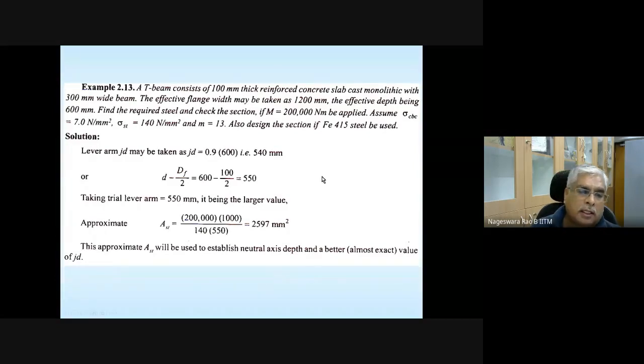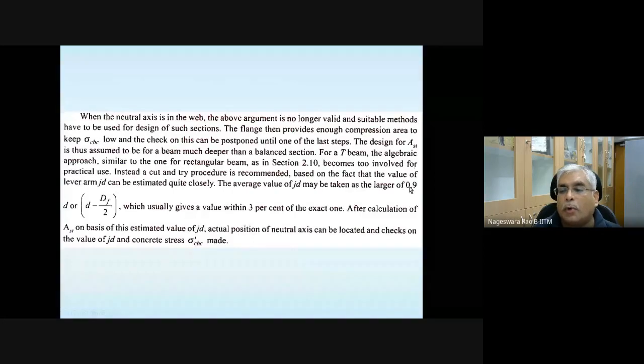So the guideline is you take the guess value of lever arm distance as 0.9 times the effective depth, or d, the overall effective depth minus half of the depth of the flange, whichever is larger. You take the lever arm distance out of these two, whichever is larger.